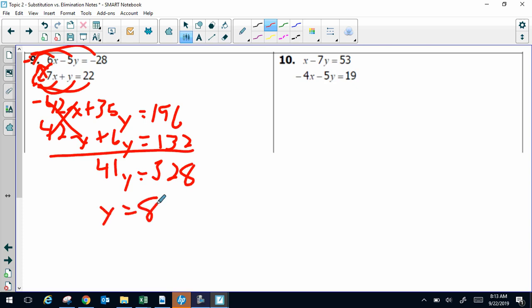Then choose one of the equations. It doesn't matter which one you choose. I typically choose the top one. And you're going to plug that y back in to find your x.